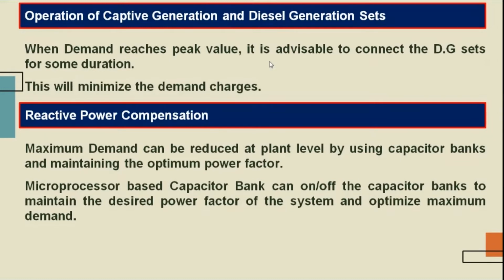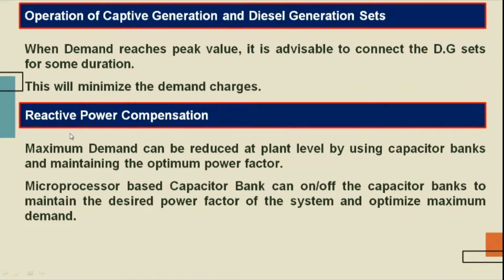This excess bill will be charged as a penalty by the utilities. So in that case, what you can do, you can have your own captive generation, or you can have your own diesel generator sets, and you can power on that, so that you can avoid the penalties which will be charged by the utilities. Next is reactive power management.